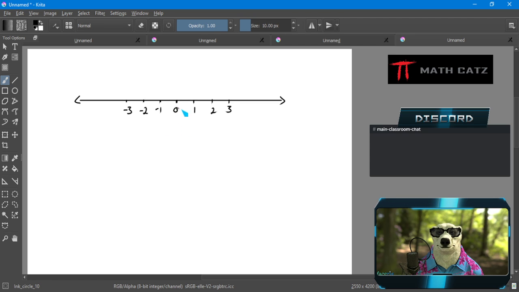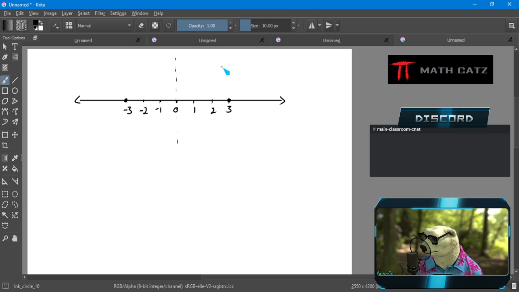Okay, so let's think of the relationship between 3 and negative 3. It's not random. It's not like I'm saying the relationship between 3 and negative 7. They don't have as close a relationship as these two do. If I fold it on 0, half of my number line onto the other half, they lie on top of each other.